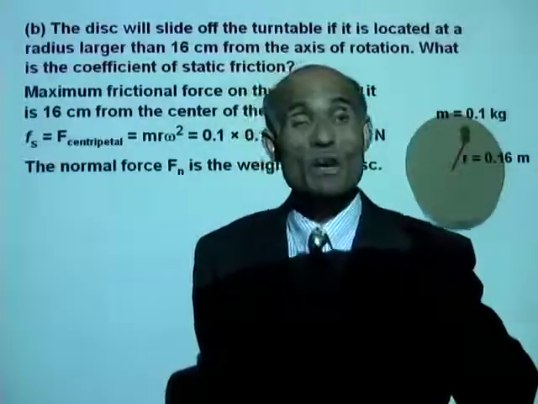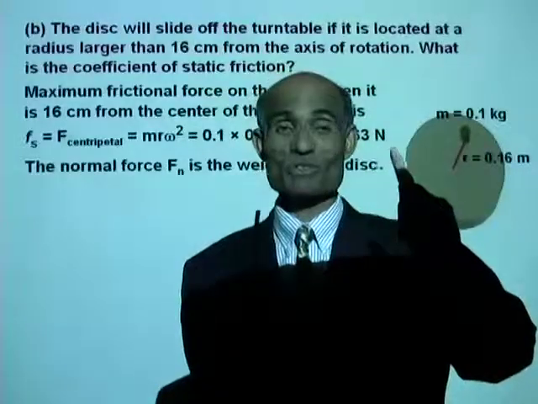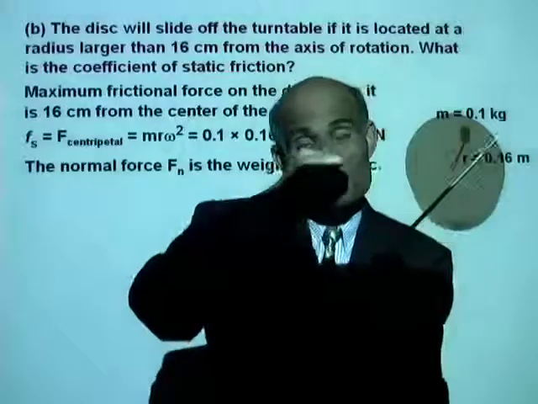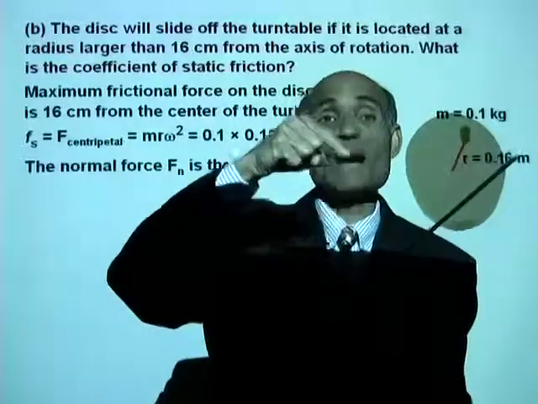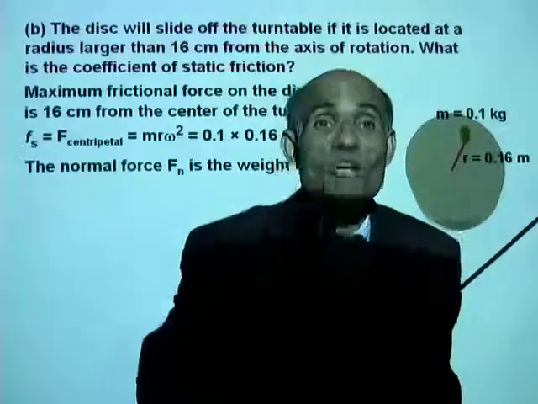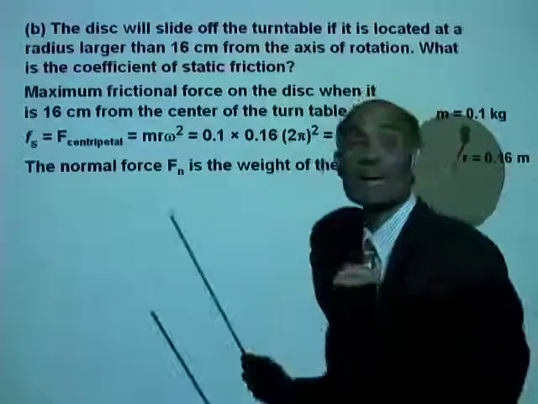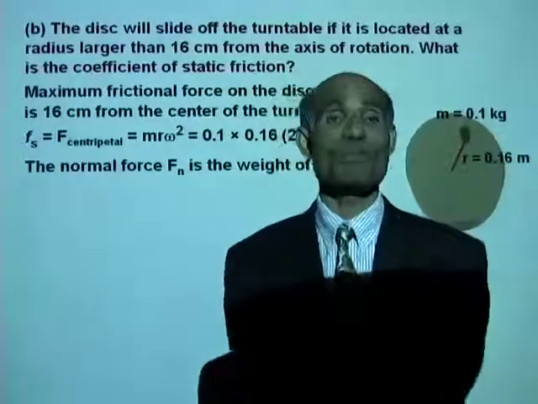So that 0.63 Newton is the maximum centripetal force. What does that mean? Well, if the disk slides away at that radius, that means that is the maximum frictional force the disk and the turntable can provide. The frictional force cannot increase more than that.